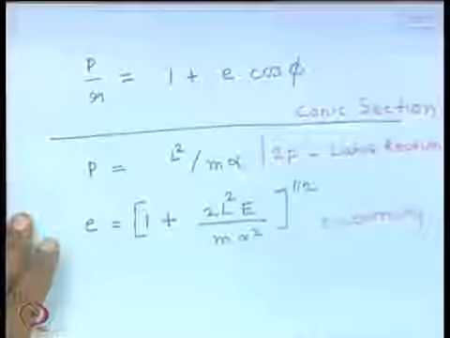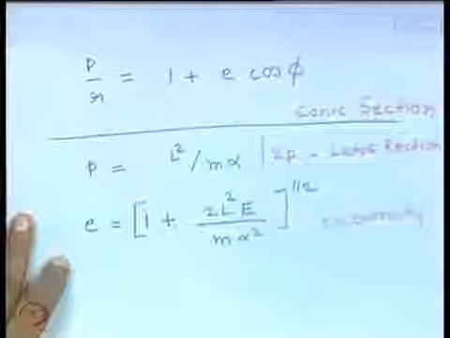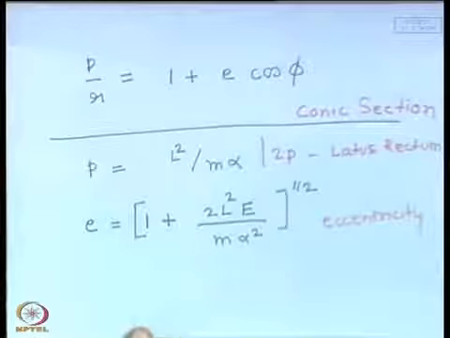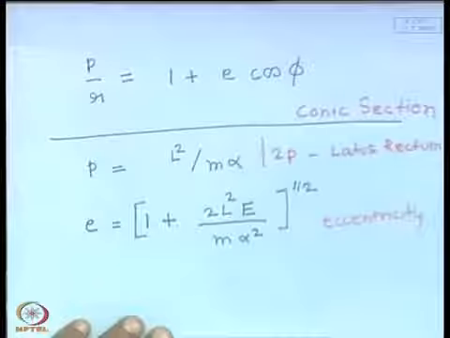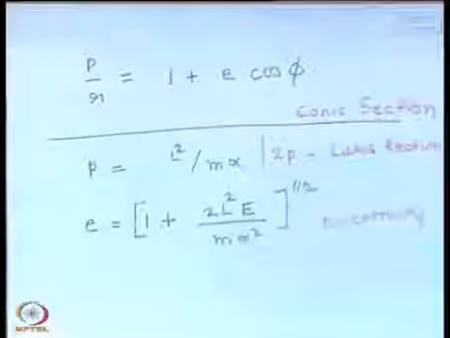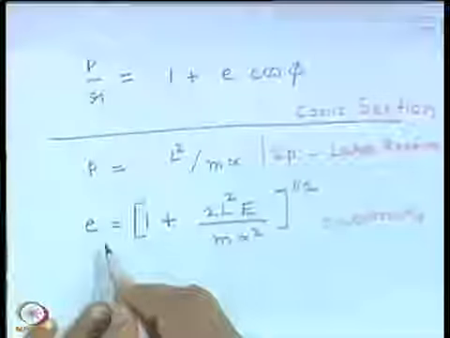Now, we know that there are three kinds of conic sections. There are ellipses, parabolas and hyperbolas. Okay. Whether it is an ellipse, a parabola or a hyperbola is decided by the value of the eccentricity E. Okay. And now let us look at this expression for the eccentricity.